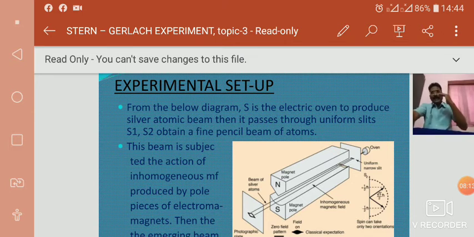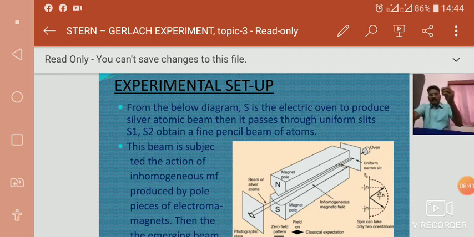If the excited silver atoms contain kinetic energy, they do not stay inside the oven or in the material. Hence the silver atoms emerge from the electric oven through a narrow hole.